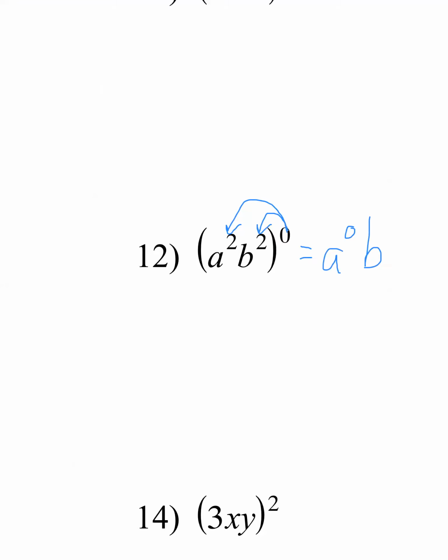And again, for b, 2 times 0 is just 0. So both of these just turn into 1s. The whole thing is just 1. You actually could have skipped this part. If the whole thing is being raised to the 0 power, the whole thing is 1. That's it. It just becomes 1. And if you want to know why, go back to that last video again, where I talk about why that is that way.